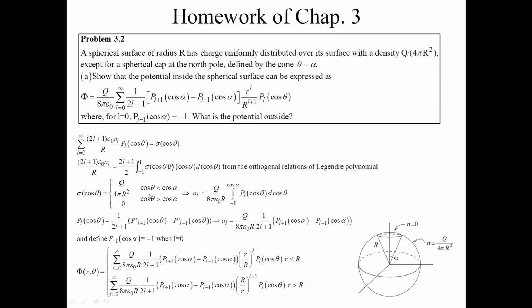As we know, when cosine theta is less than cosine alpha, there is a charge density Q over 4 pi r squared. And when cosine theta is bigger than cosine alpha, there is no charge density here, so this equals 0. So we know our A_L will become this term.